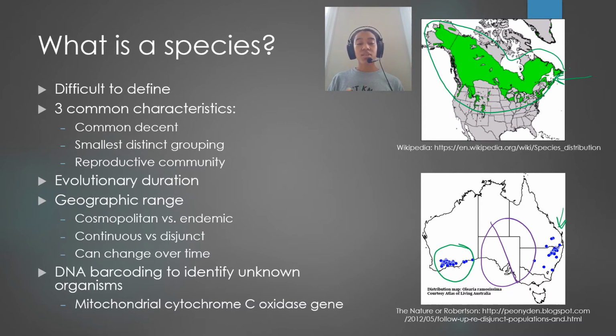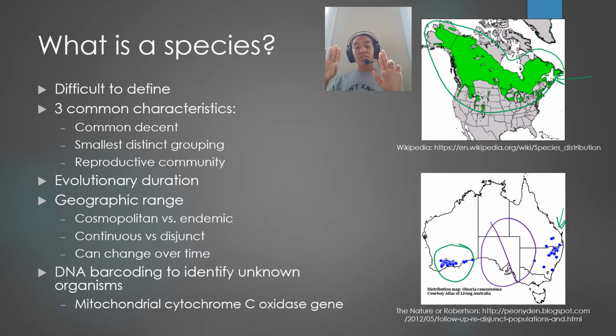To do this, we look at the mitochondrial cytochrome C oxidase gene, because within the same species, the gene sequence of this mitochondrial cytochrome C oxidase is relatively conserved. There might be small changes here and there, but within the same species, the sequence is pretty heavily maintained.